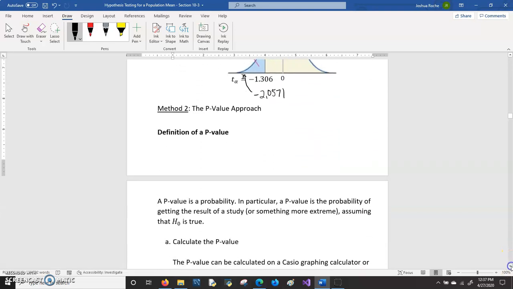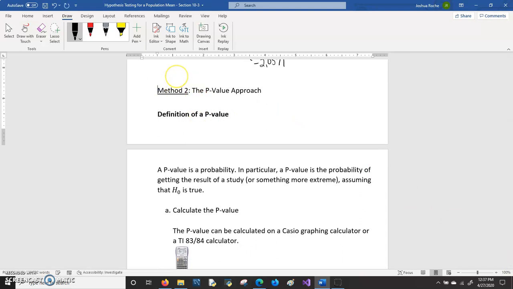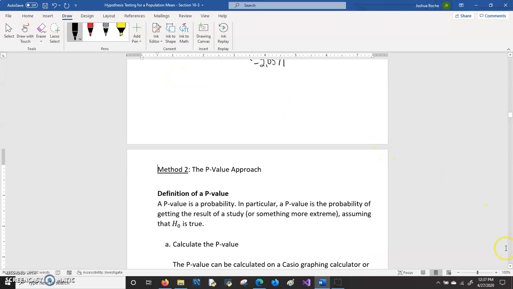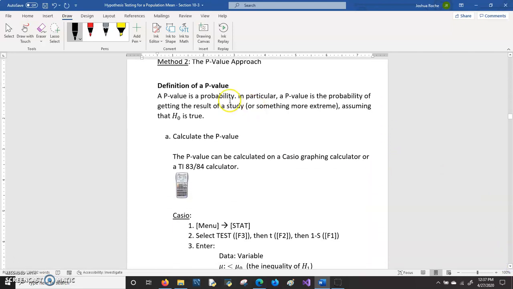Here's another approach to testing this hypothesis, the p-value approach. So remember that a p-value is a probability, and in particular it's the probability of getting the result of a study or something more extreme, assuming that the null hypothesis is true.